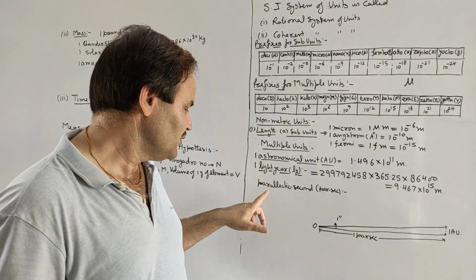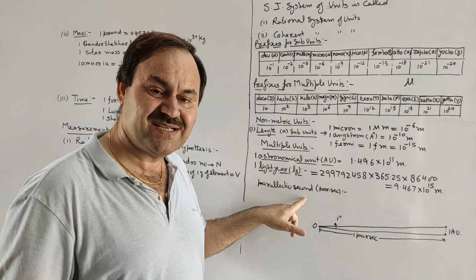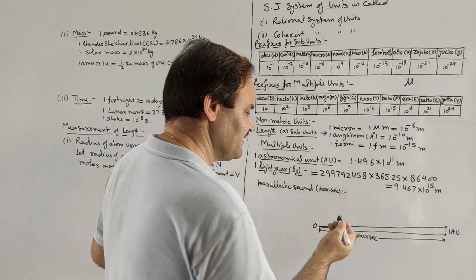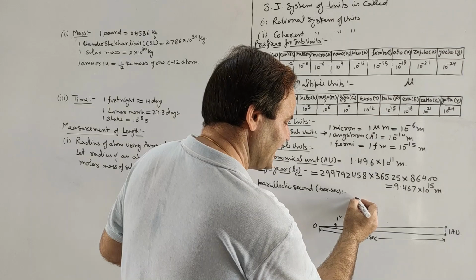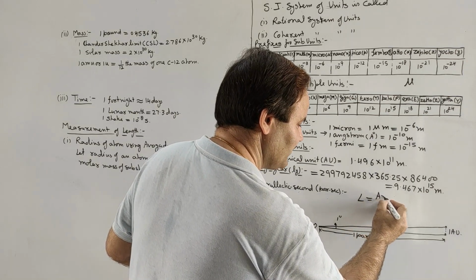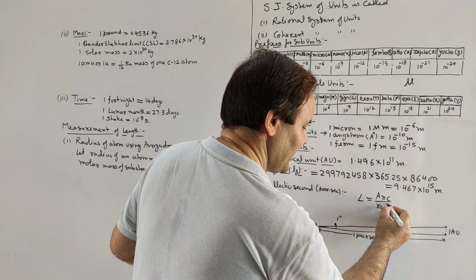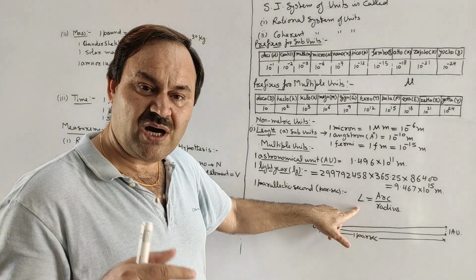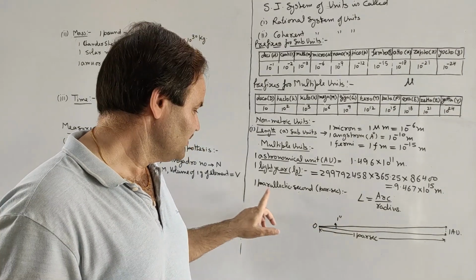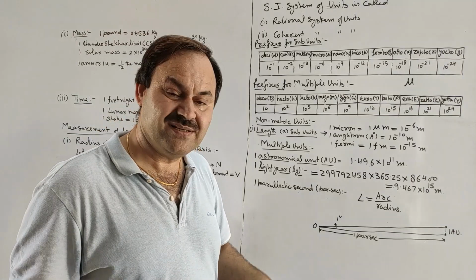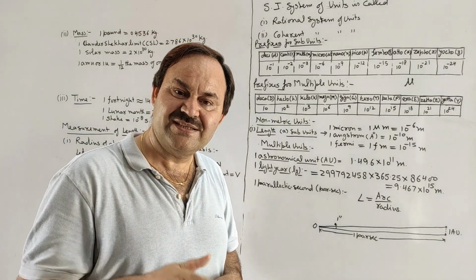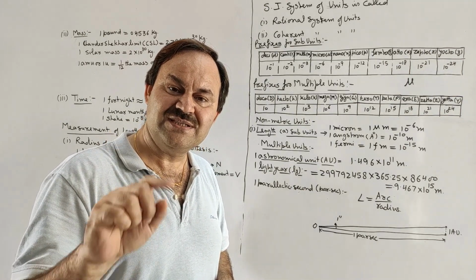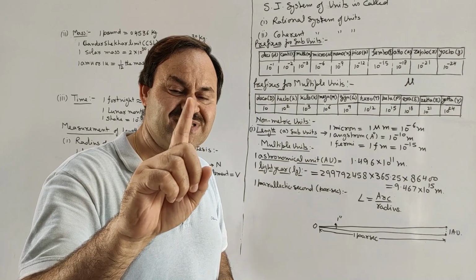Next bigger unit of length is the parallactic second or parsec. To determine the parallactic second or parsec, we will require the definition of angle, as angle is equal to arc upon radius. Here angle should be in radian. Now how to define parallactic second? 1 parallactic second is defined as the distance at which an arc of length 1 astronomical unit subtends an angle of 1 second.